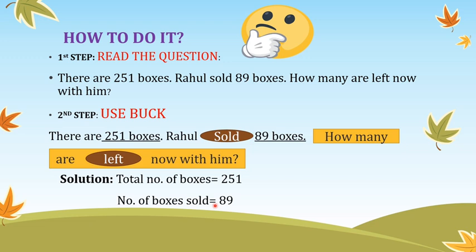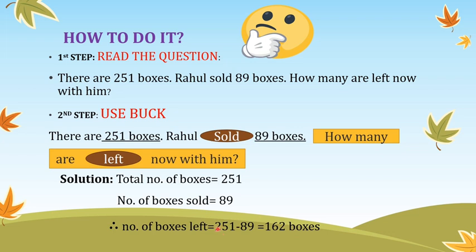How the school is accepting and how your teacher is telling, that also you have to take into consideration. So total number of boxes, sold, and then how many are left is going to be your third, final statement: number of boxes left.